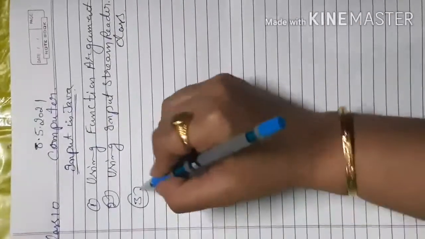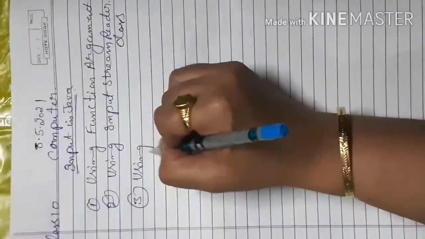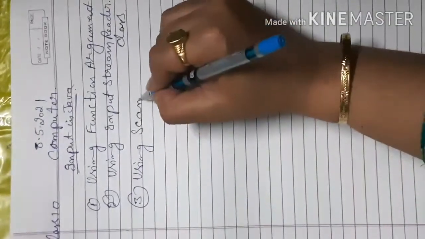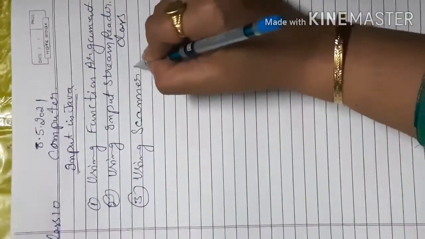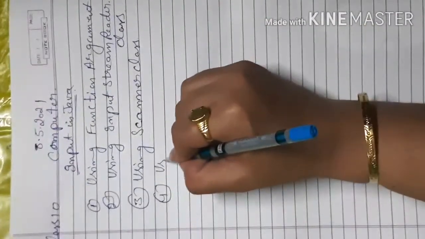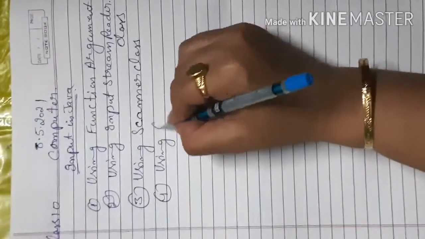Third one is using scanner class. So these are the ways we can give the instructions to the computer. And fourth one is using command line argument.